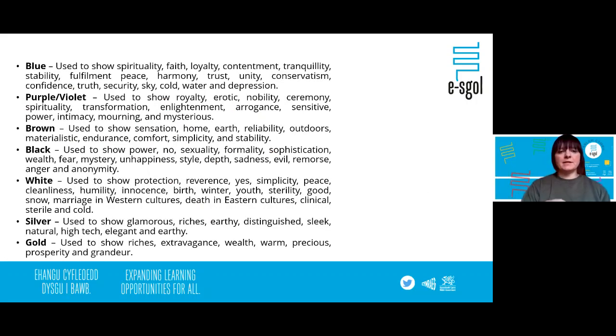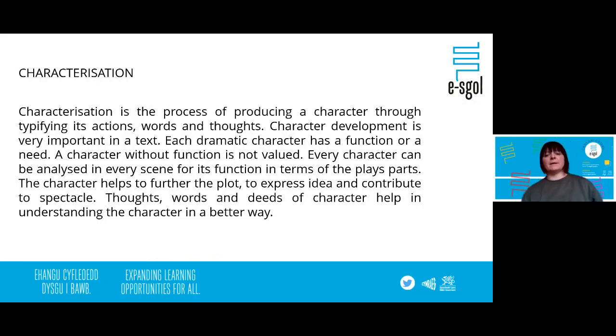With some of the other colours, like black, you'd probably be familiar with sadness, evil. Then silver, you've got the idea of things which are glamorous, rich, sleek, and then obviously gold, the idea of extravagance and wealth, things which are prosperous and grand. So the colours have some sort of symbolic meaning as well.